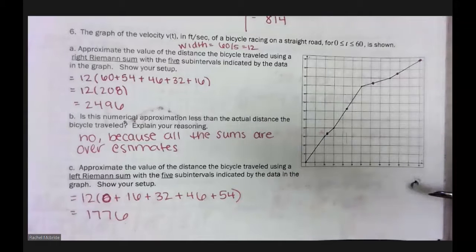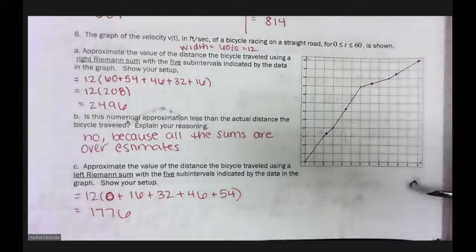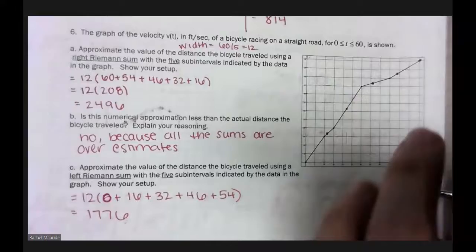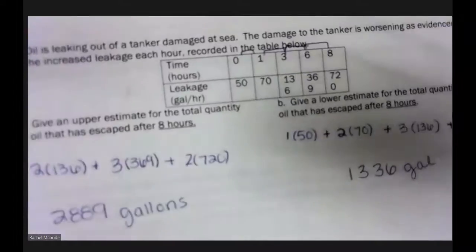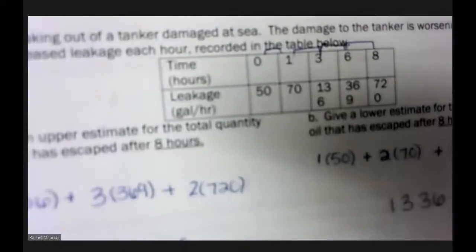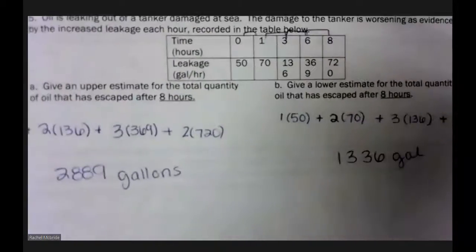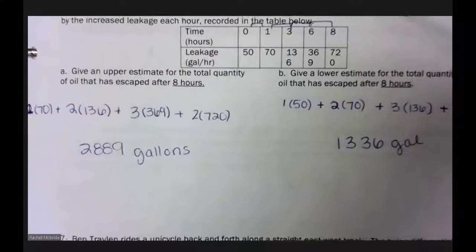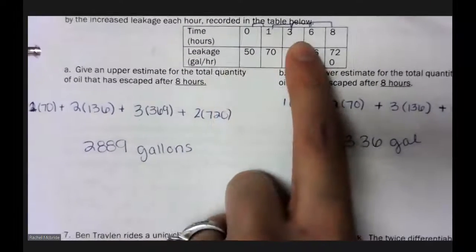Okay? Any questions? Go ahead. On the test, you're going to see an example a lot more like number 5. Like, if I were to give you a question, I wouldn't put it up to interpretation. It would be something like number 5 where you have a table of values.